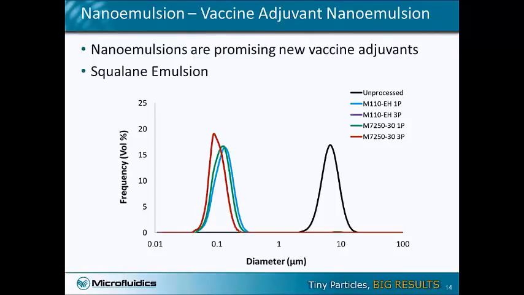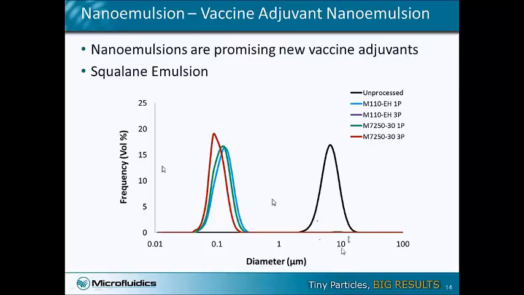Because the sizes are small, usually around 100 to 200 nanometers, most people use the dynamic light scattering method to measure the particle size. But we do encourage people to look at laser diffraction measurements as well, because the volume-based measurement can sometimes give you information on the larger particle sizes.